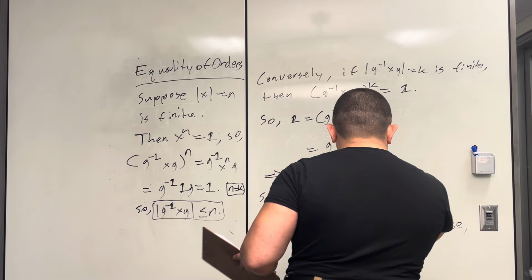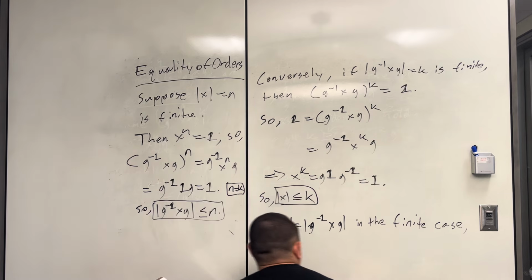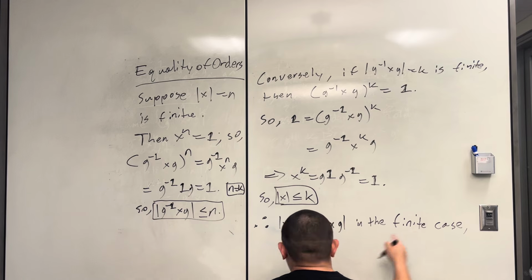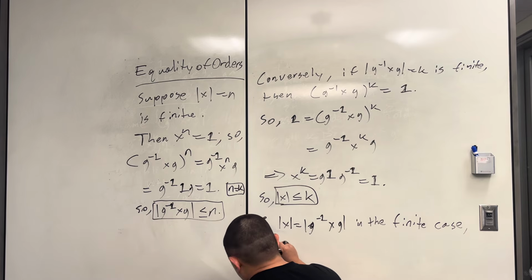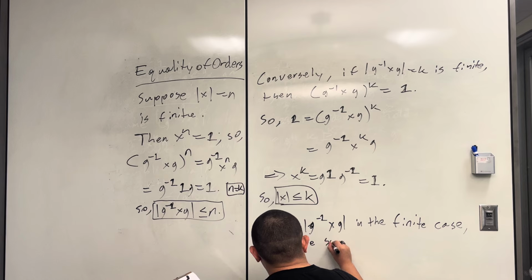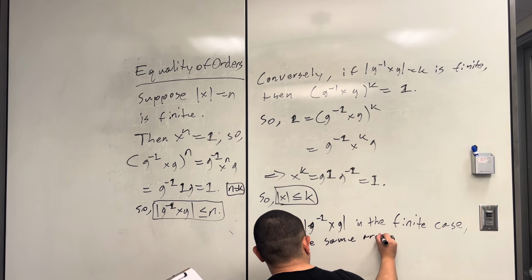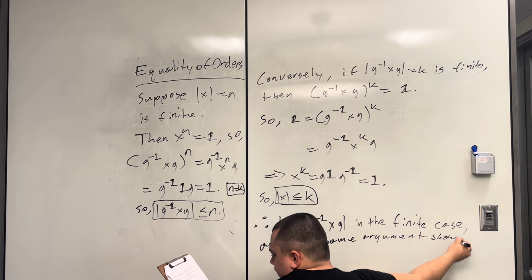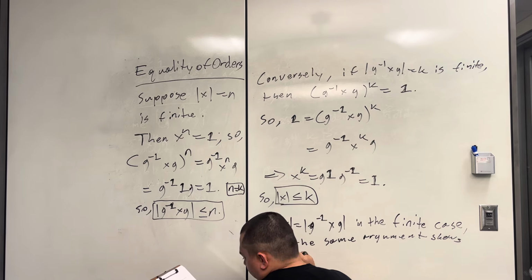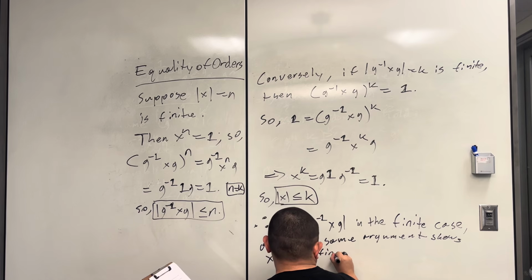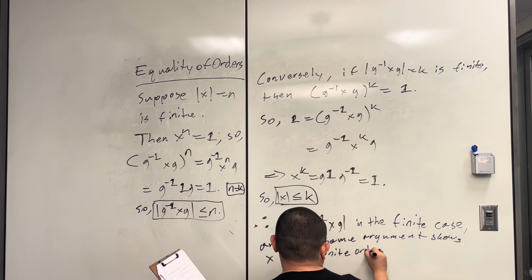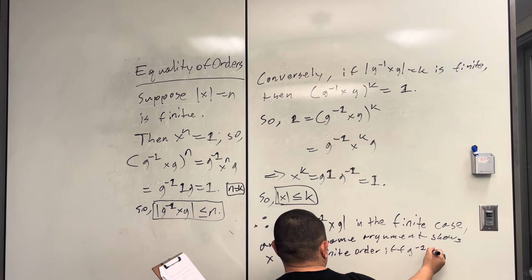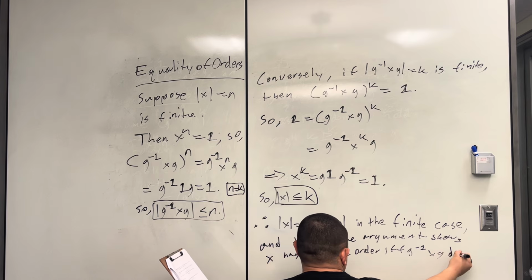Yeah, so therefore the order of x is equal to the order of g to the negative 1 times x times g in the finite case, and the same argument shows x has infinite order if and only if g to the negative 1 times x times g does.